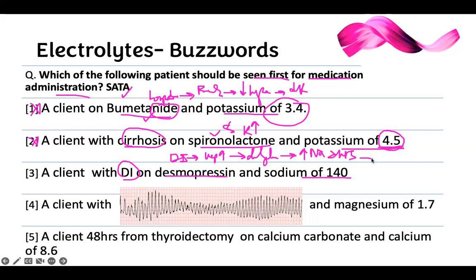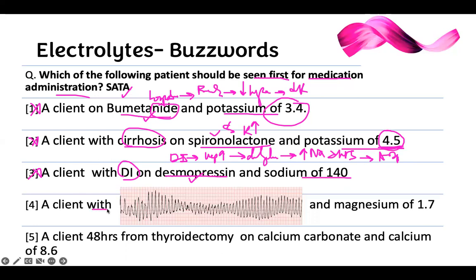The treatment is to give them ADH, so they need ADH. This patient is getting ADH, that's desmopressin, right? What is the sodium? 140. It's back to normal. It's not 150, 160, 170. It's 140, so I'm good. I have a good therapeutic effect of the medication. I'm not worried about you.